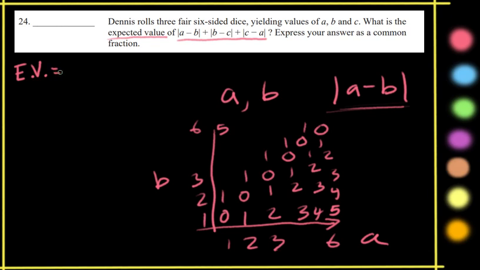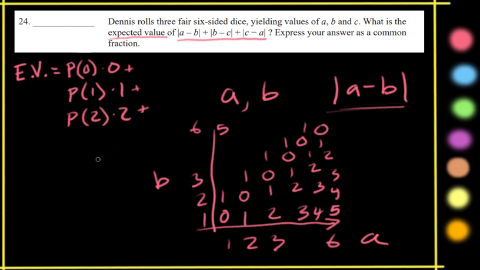So in this case, the expected value is going to be the probability that the value is 0 times 0, plus the probability that the value is 1 times 1, plus the probability that the value is 2 times 2, and so on all the way up to the probability that the value is 5 times 5. Those are all the possible values that I can have, 0 up to 5.